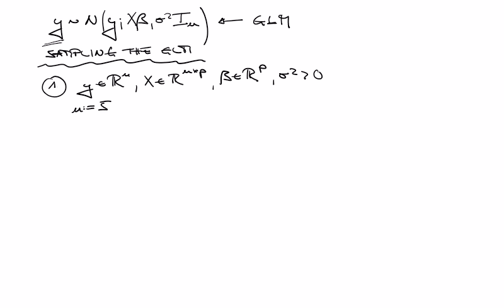So we have now defined that n is 5. The next things to define are x and beta, and these two things you always have to define together, because if you define x with a certain p, then of course the same thing applies for the beta parameter. So you cannot define a 4-column design matrix and a scalar beta parameter. That does not work from the logic of the model.